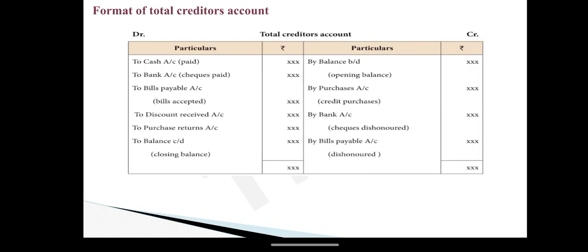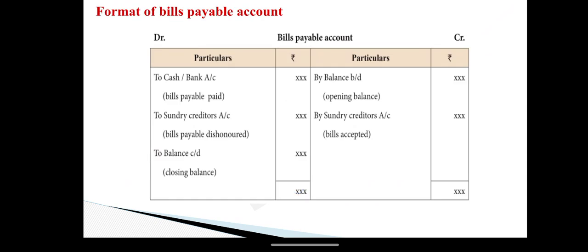Here, the format of total creditors account is used to find out the credit purchases made during an accounting period. Bills payable account, this format is used to find out the bills accepted during an accounting year.